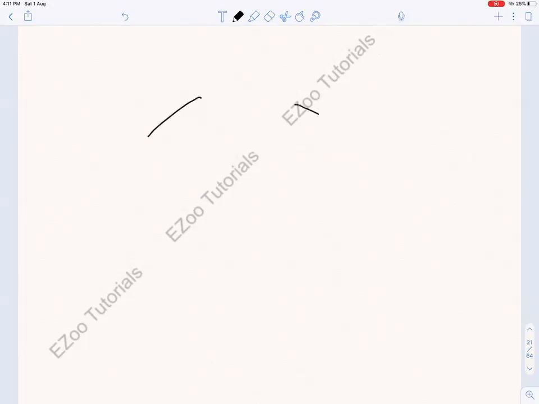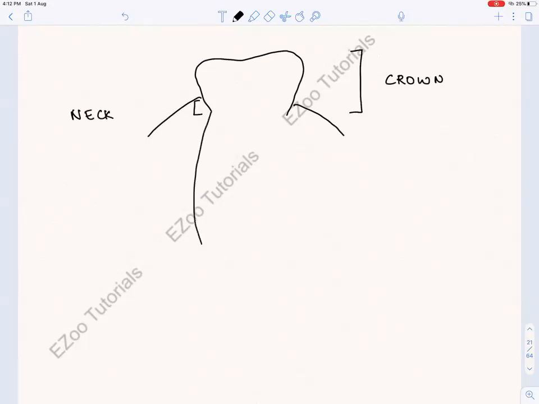So if this is the jaw and this is the tooth, the crown is the visible part. Neck is this part, that's the junction, and then I'll make the root. Since our teeth are embedded, this is the root, right?